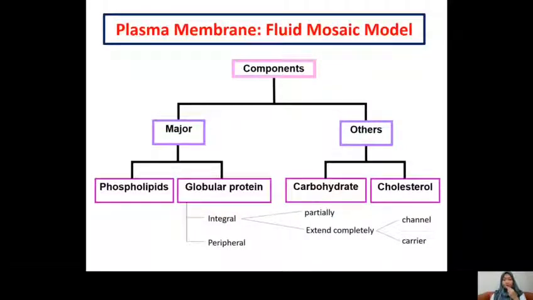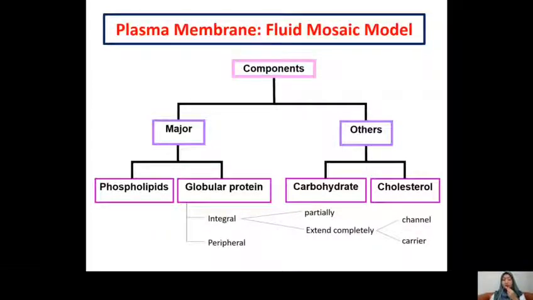The components of the plasma membrane can be divided into major components and other components. The major components, as you know, are phospholipid and globular protein. However, we also have carbohydrates and cholesterol embedded in the plasma membrane. Alright, so let's look at the globular protein. If you want to further divide the globular protein, there are two types. The first one is integral protein and the second one is peripheral protein.